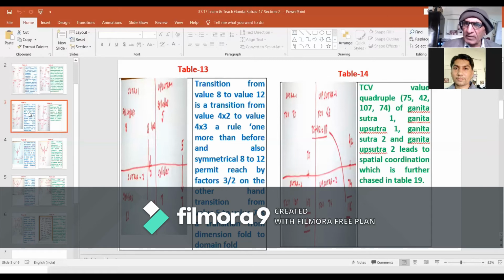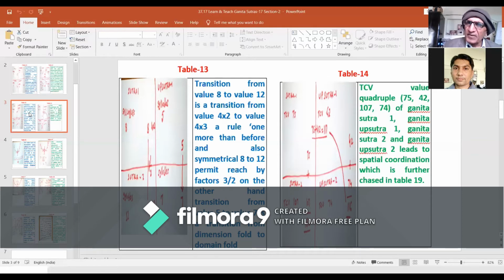Ganita Upsutra 1 leads to value 42, while Ganita Upsutra 2 leads to value 74. These quadruple TCV values are leading to very, very rich mathematical domain.